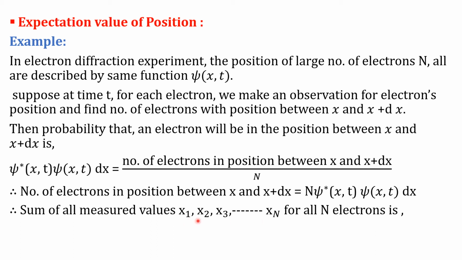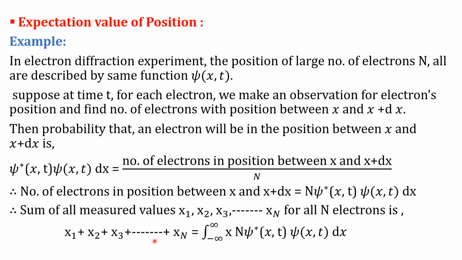That sum is x1 plus x2 plus x3. x1 is the position of the electron within small distance dx. Similarly x2, x3 up to xn for all n electrons. That sum we write x1 plus x2 plus x3 up to xn.